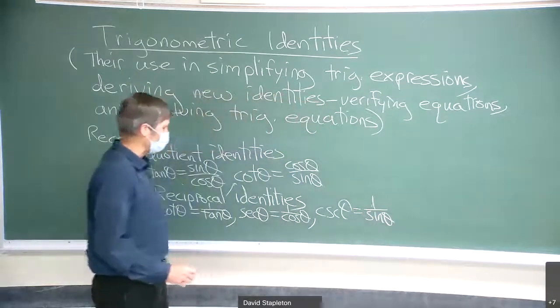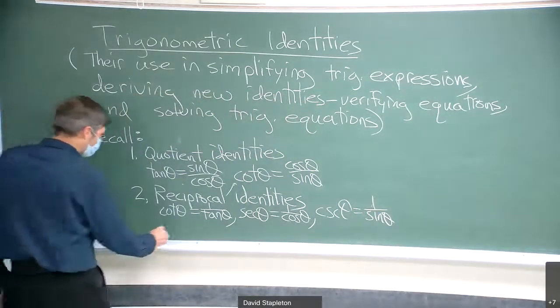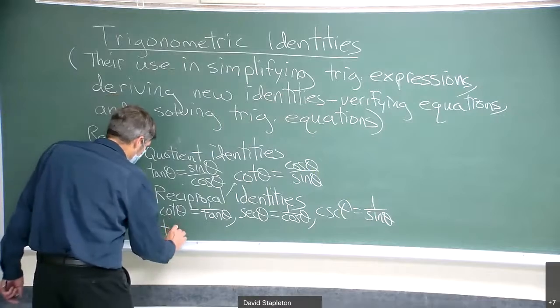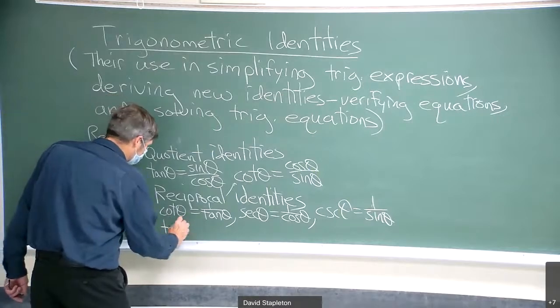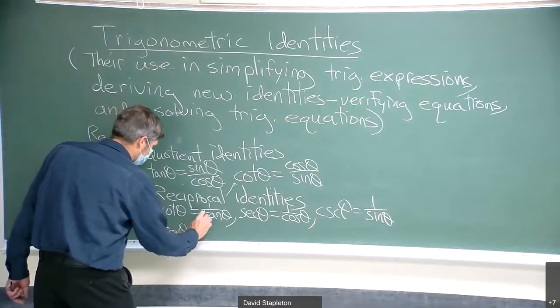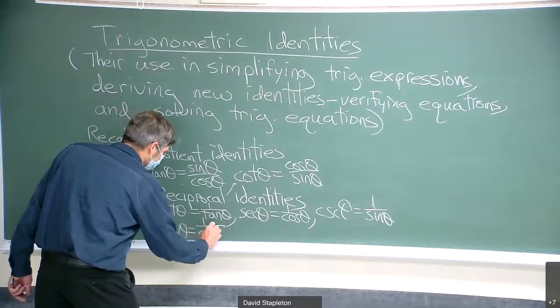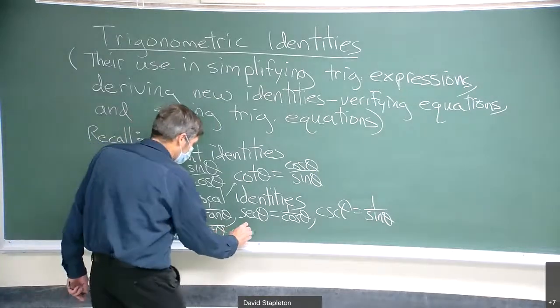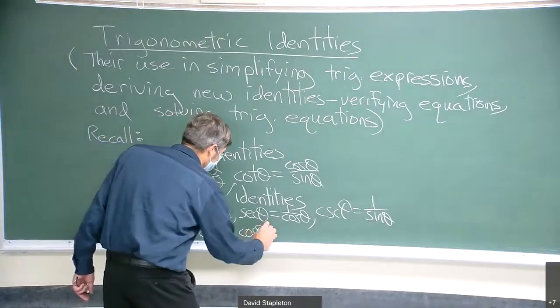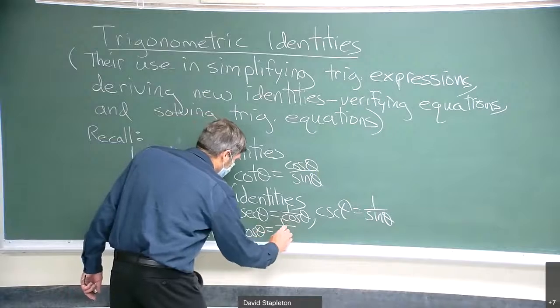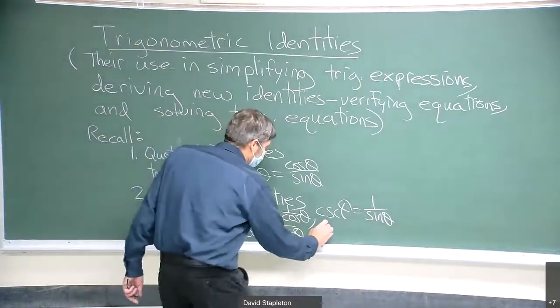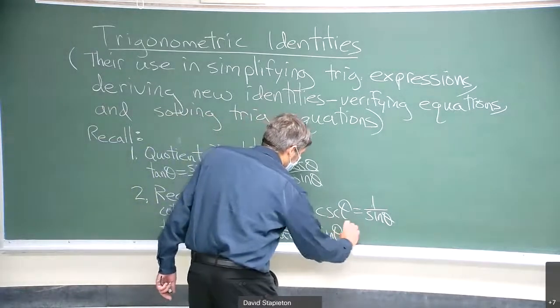And then every reciprocal identity has a reciprocal. If the cotangent is 1 over the tangent, then the tangent is the reciprocal of the cotangent, right? Similarly, the cosine is the reciprocal of the secant. And the sine, the reciprocal of the cosecant.